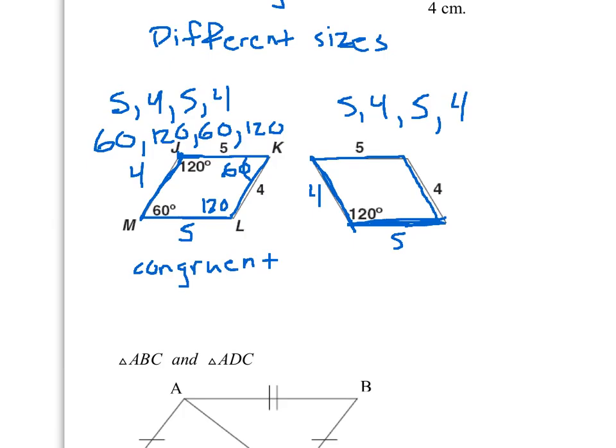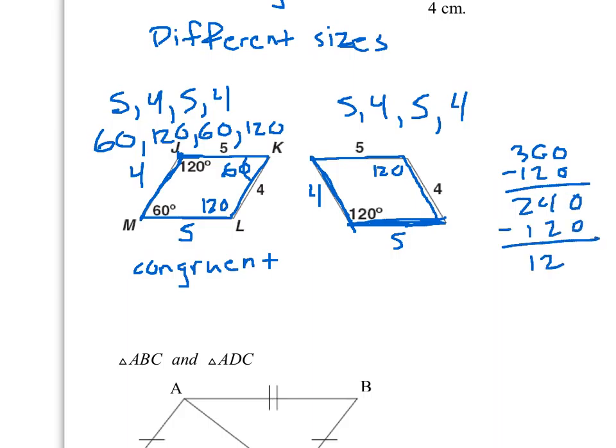Alright, so now I also have to be able to go 60, 120, 60, 120. Well, I only see a 120 down here. I guess I know opposite sides are congruent. That leaves me these two pieces here, which if we're doing 360 minus 120 is 240, minus another 120 would be 120.